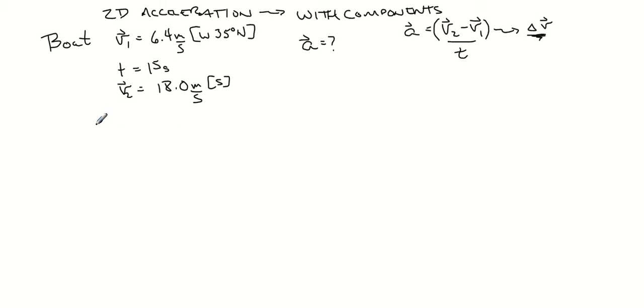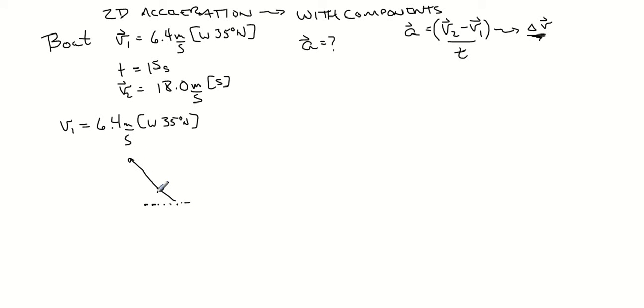So let's start by taking a look at some of the components of these vectors. So v1 is equal to 6.4 meters per second west 35 degrees north. Let's draw that. So it's 6.4 meters per second, and it will initially be going west and then 35 degrees north. So it's going to look something like this.